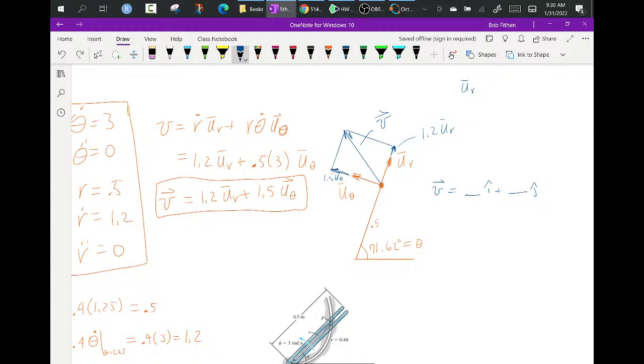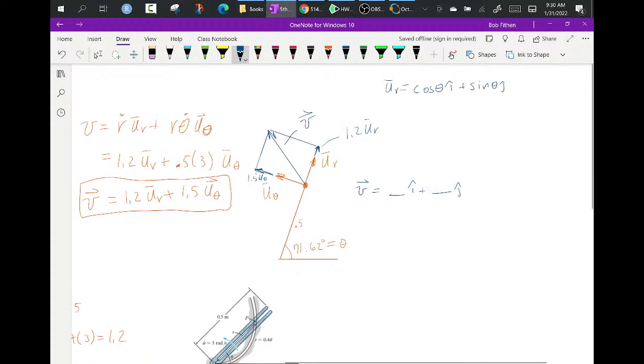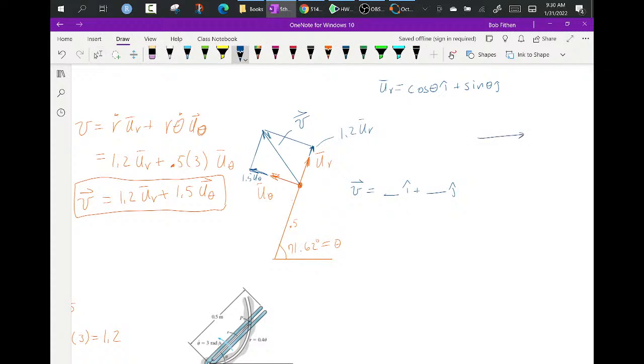I've done this in previous lectures, but it's cosine theta I plus sine theta J. In other words, you take your UR, you basically have a theta, and the magnitude of UR, which is 1, times cosine of theta. And this length is 1 times sine of theta.